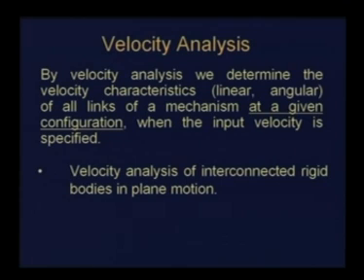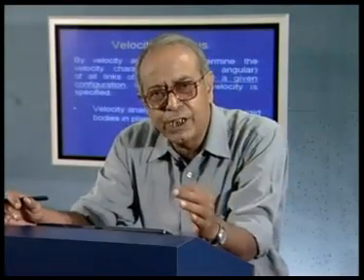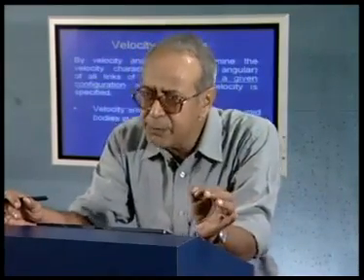So, by velocity analysis, we basically mean the velocity analysis of interconnected rigid bodies in plane motion, because we are discussing only planar linkages. But before getting into the details of this velocity analysis of interconnected rigid bodies, let me recapitulate some basic points of the kinematics of one rigid body which is under plane motion.